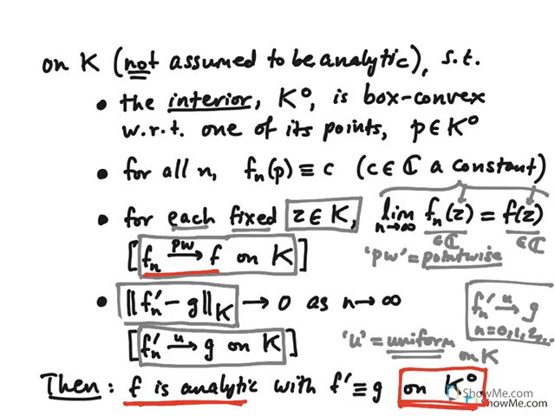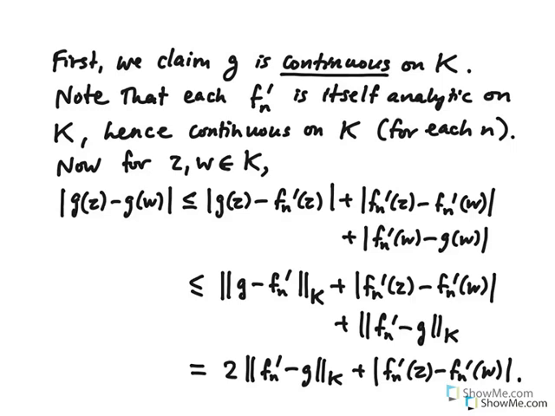And in fact, that other limit function g is exactly the derivative of f. So f is differentiable, is analytic, and its derivative happens to be g, at least in the interior of that compact set K, which is open. All right, so that's the lemma.